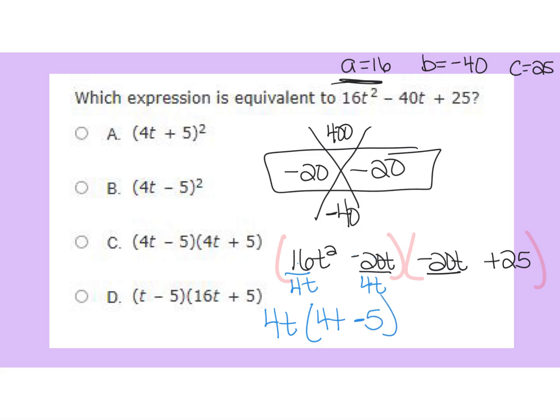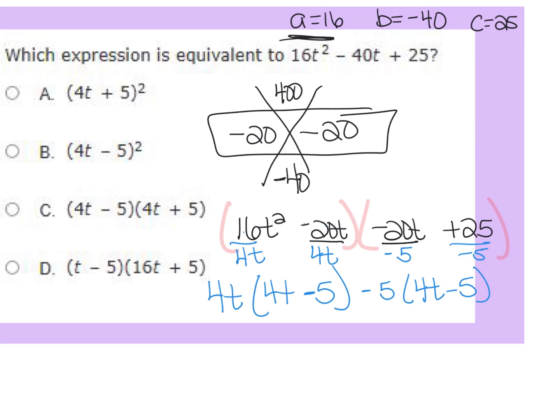Now I'll look at my next one, -20t and plus 25. So here I can factor out a -5 from each of them, meaning they can both be divided. So I'm going to take out a -5, and I'm left with 4t, and 25 divided by -5 is -5. I know I'm on the right track because my parentheses match.